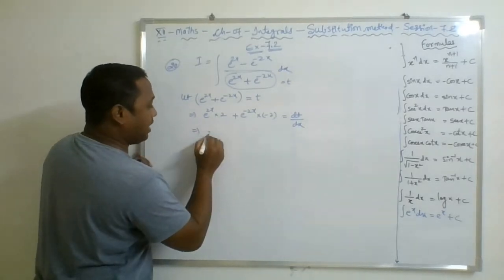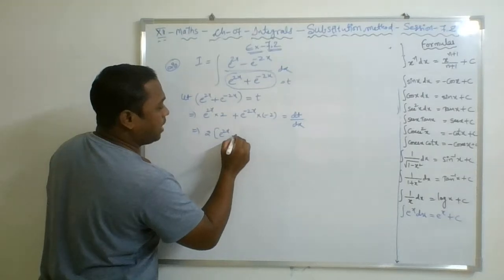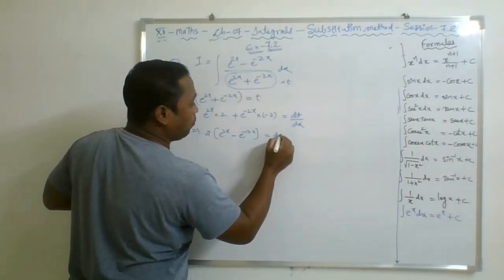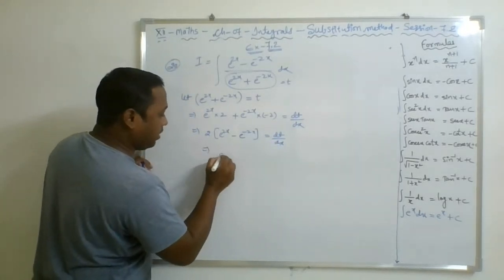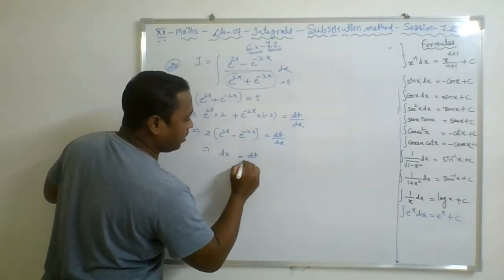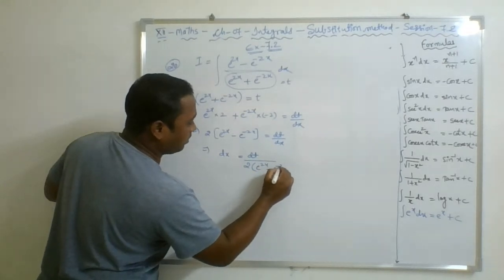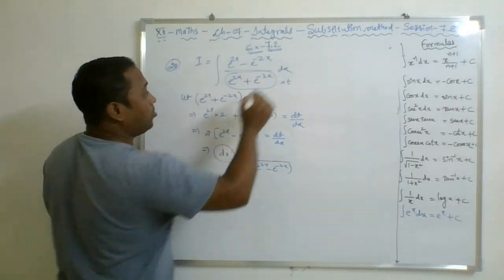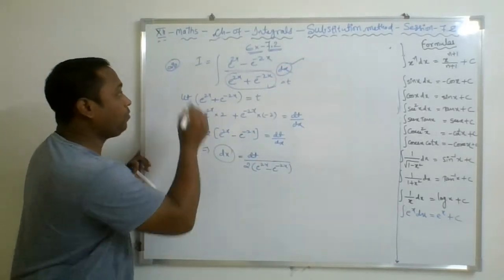I can take 2 as a common factor, so 2 times e power 2x minus e power minus 2x is equal to dt by dx. By cross multiplication, dx will be dt upon 2 times e power 2x minus e power minus 2x. Now change both the things together.